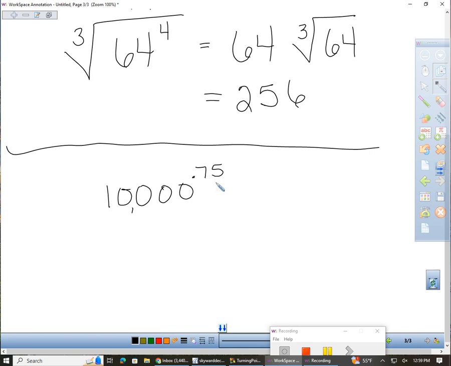You should check the calculator first. It is 1,000. Okay, so again, in this section, if you can simplify it with your calculator, which I'm giving you a huge hint, do that. Okay?